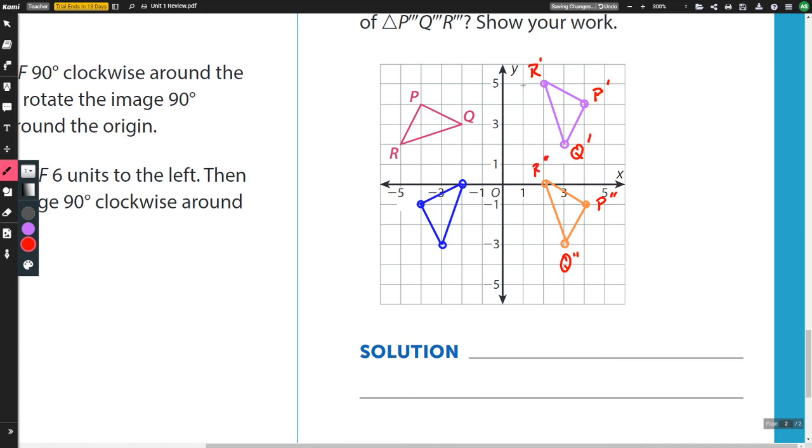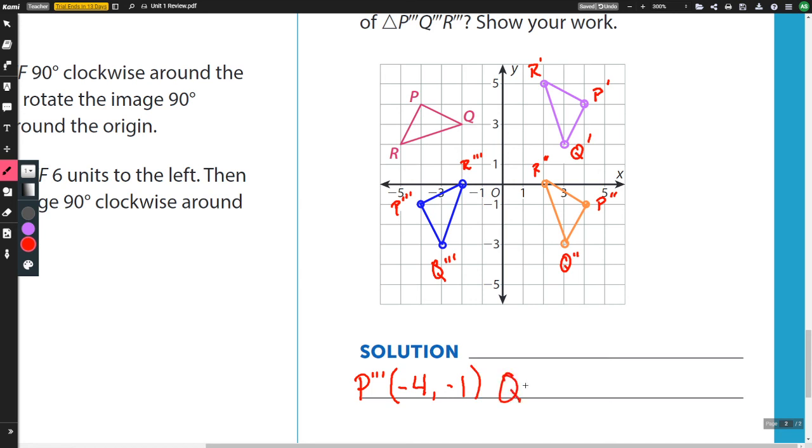Okay, and reflection. So this is a reflection of Q. This is a reflection of R. And this is a reflection of P. So knowing that, I know that P''' is over -4 and down -1.